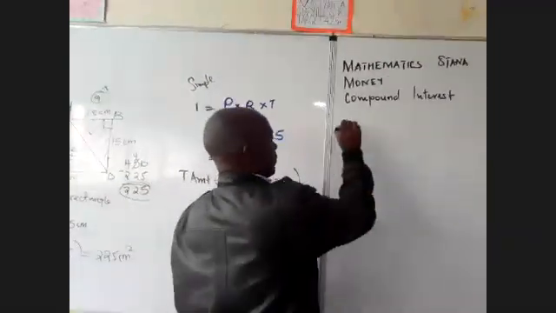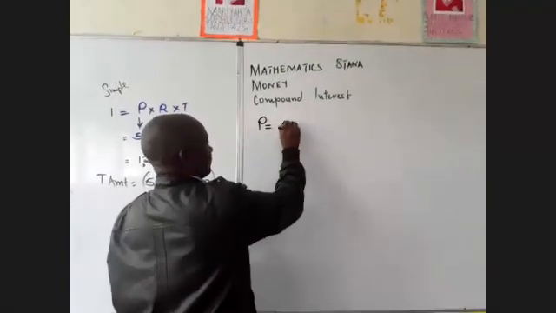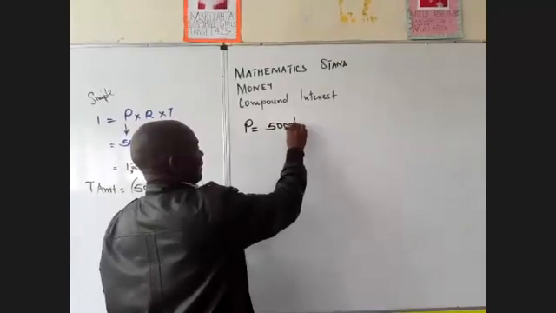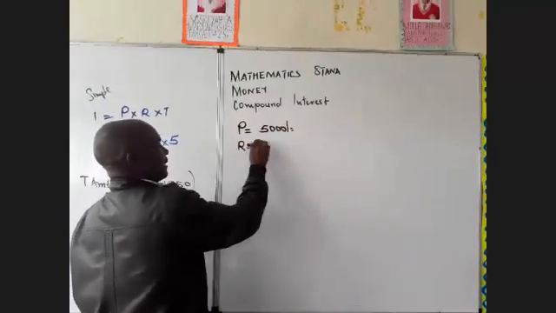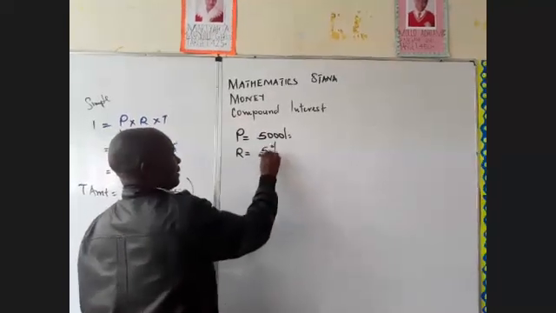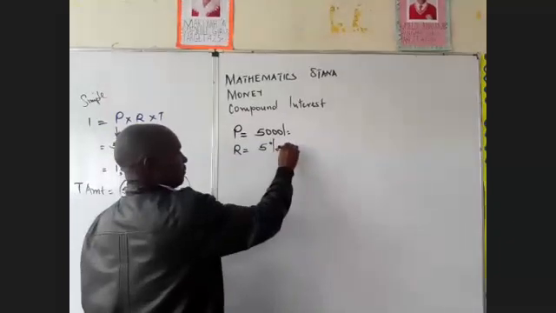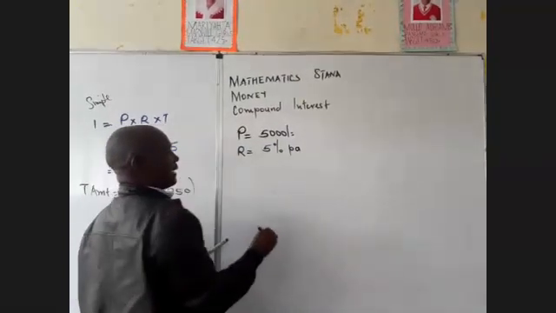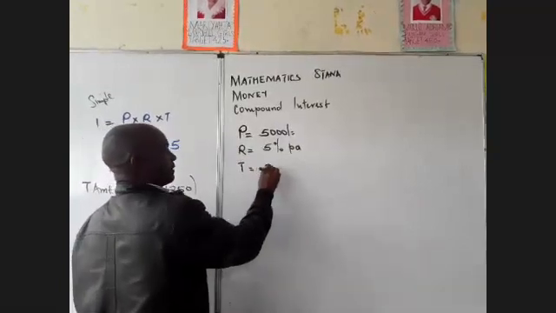Let's take an example where somebody has 5,000 shillings, and the rate at which they are charging you interest is 5% per year. That is per annum. And he stays with that money for a period of 2 years.